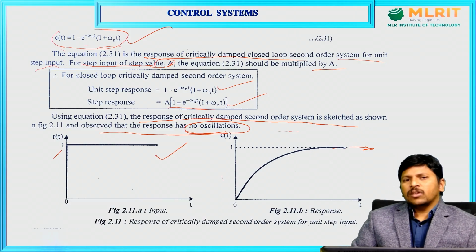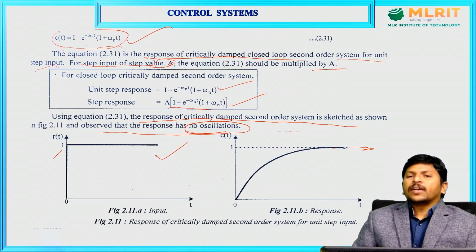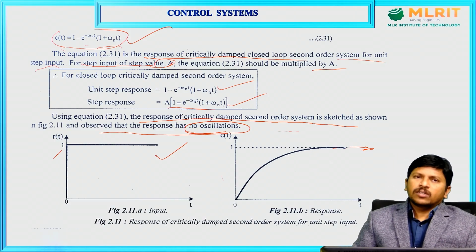This is about the response of critically damped second order system, or time or transient response of critically damped second order system for unit step input. I hope you understood every point.